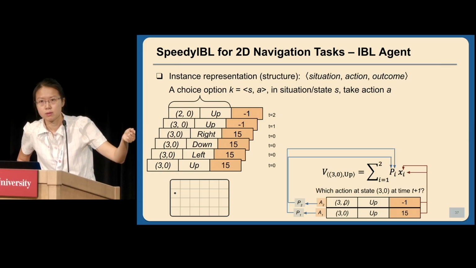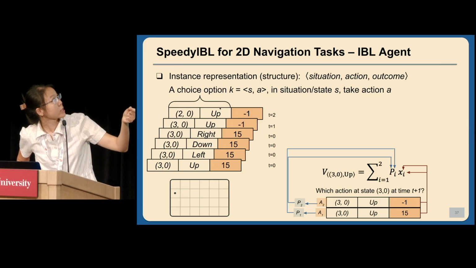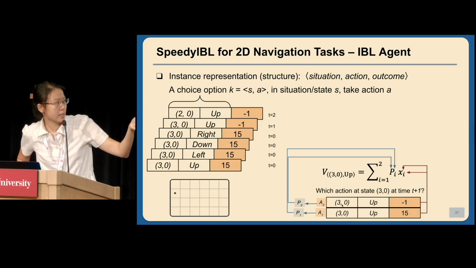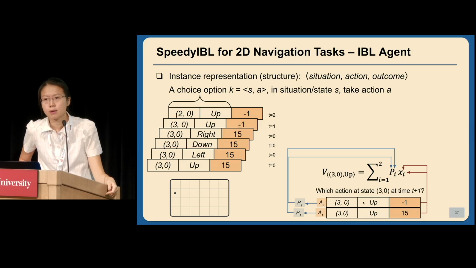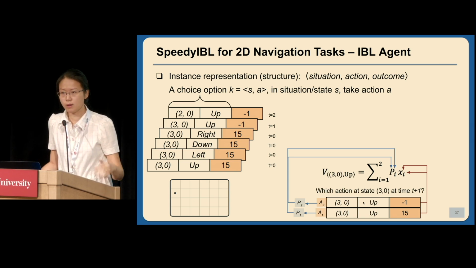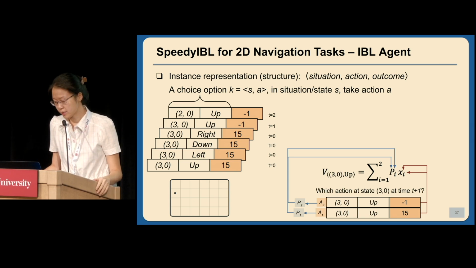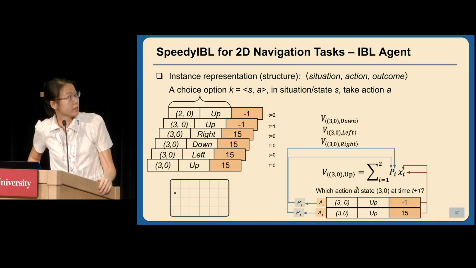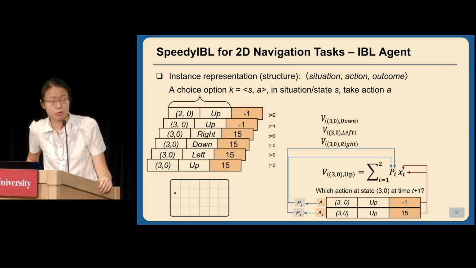The option here is the action taken in the state in this situation, 3, 0. Because here the choice option is the situation and the action. The situation is I'm here, I take action up. And you do the same for the other choice options. For example, in this state, I'm gonna take action right. In this state, I'm gonna take action left and down.